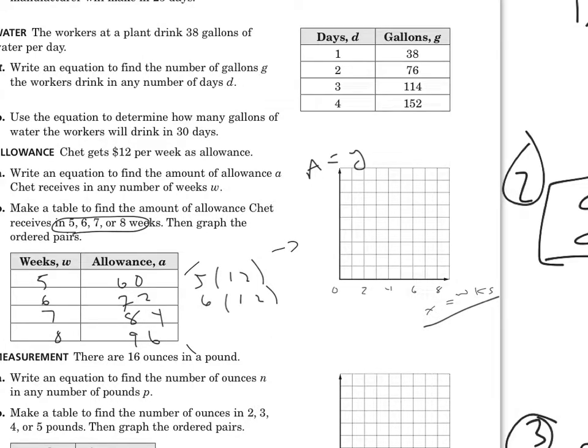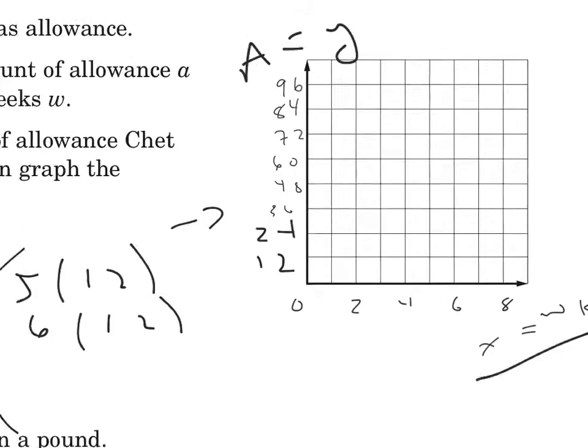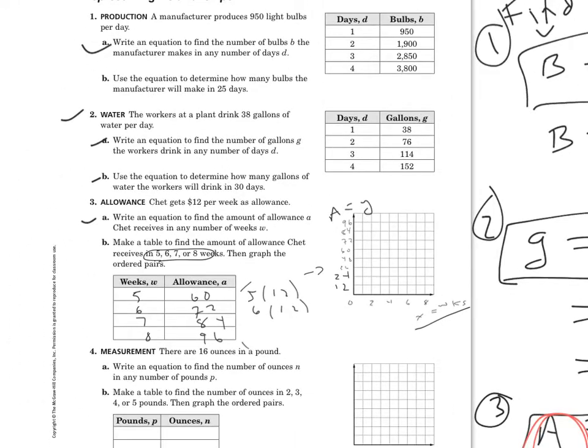So we want to go up 12, 24, 36, 48, 60, 72, 84, and 96.